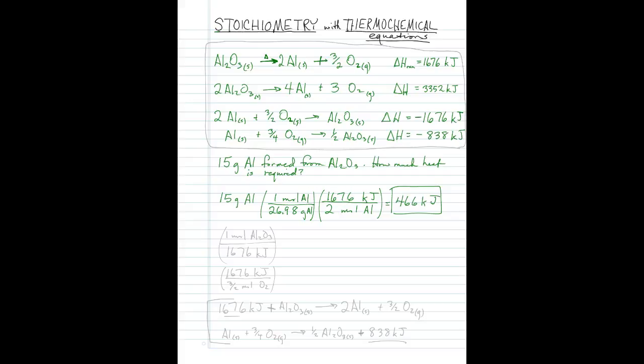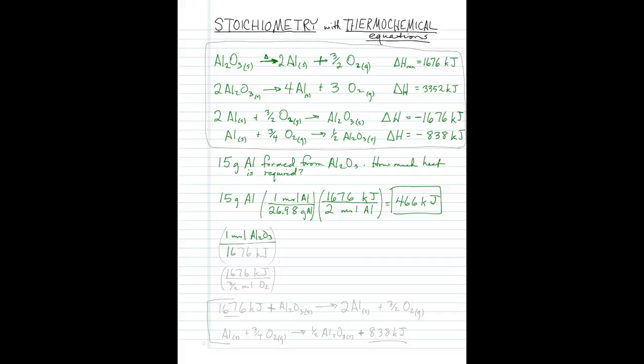Okay, so the upshot of this is you can look at any thermochemical equation. In other words, by a thermochemical equation, I mean something where we've written out the chemical equation and we have the exact amount of heat either required or produced by that equation, written as a delta H out to the side. And it's just like one of the reactants or products. We can just make a conversion factor with that amount. We could have made a conversion factor with 1 mole of aluminum oxide.